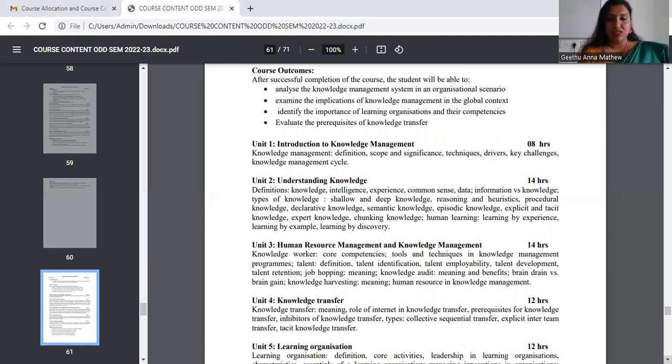Unit 1 starts with what is knowledge management, its definition, scope, significance, techniques, drivers, key challenges, and the knowledge management cycle.